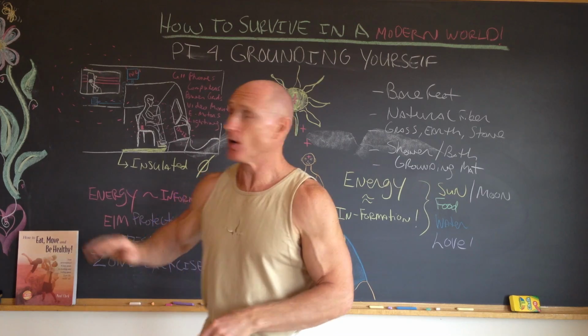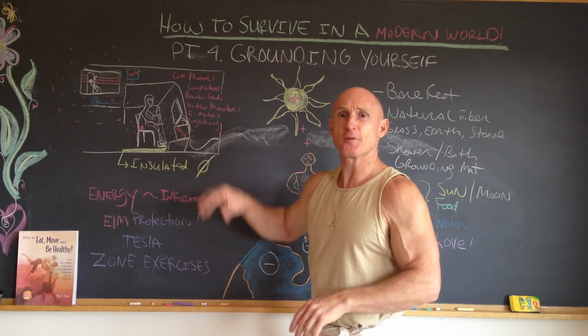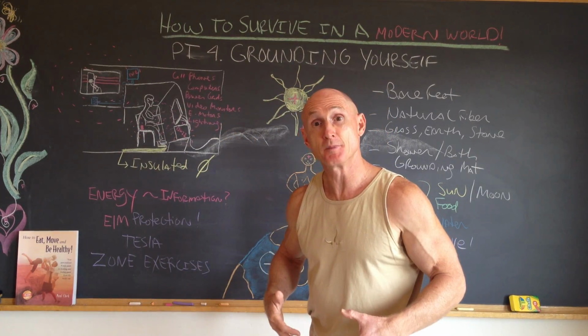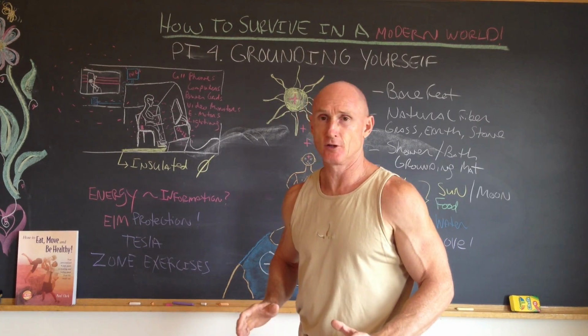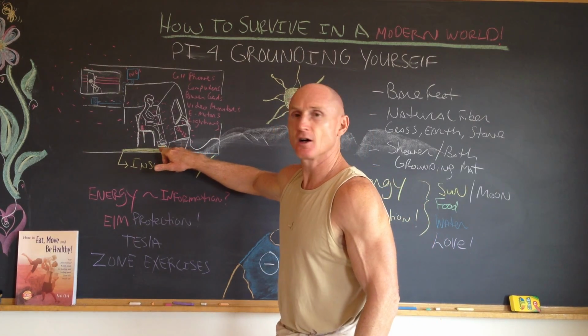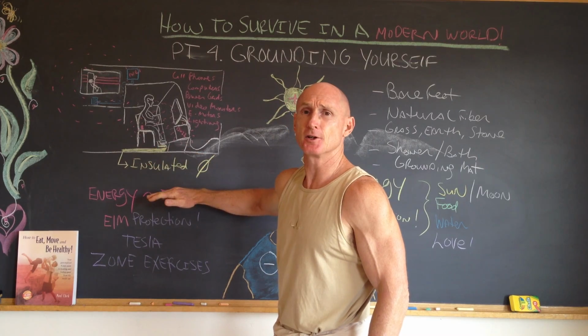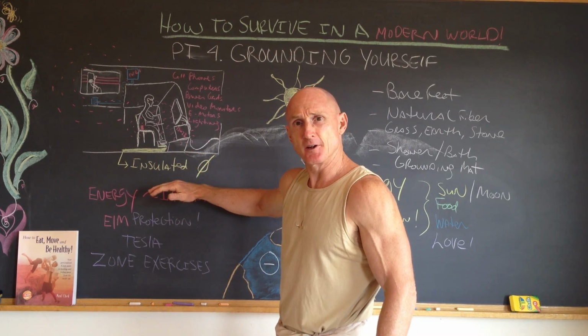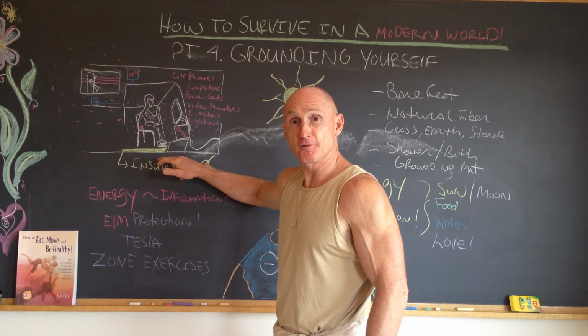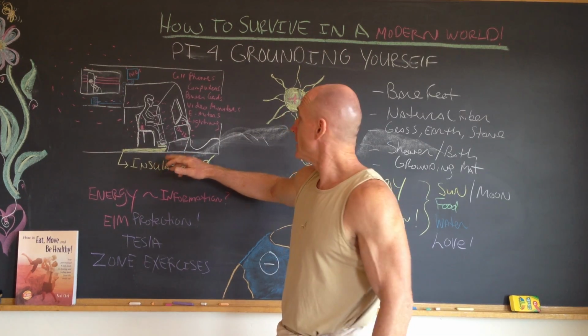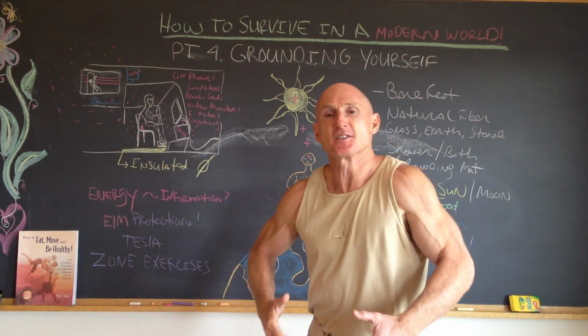So now consider then, sun, moon, food, water, and love are compatible sources of information and energy. But all the things I've been talking about over here, they're not compatible with the human body. They cause tremendous health problems. And if your feet are not touching the earth with any regularity, and you're wearing an insulator on your feet, such as a rubber-soled shoe, all that energy gets trapped inside your body.